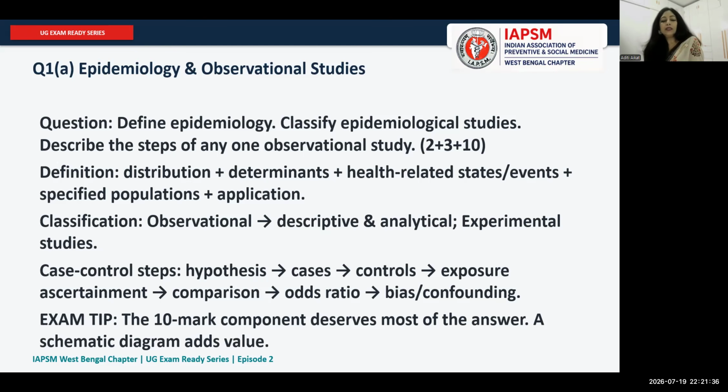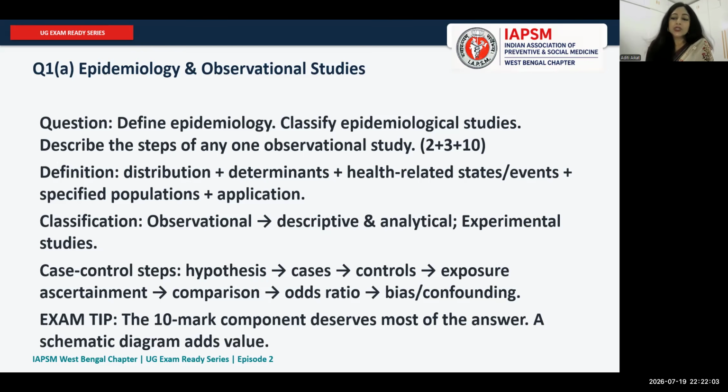Now, coming here, you see it's mentioned steps of one observational study. Try to avoid cross-sectional study. It doesn't fetch much marks. It's always better to go for case control or cohort. Whichever has greater clarity to you, go for that.